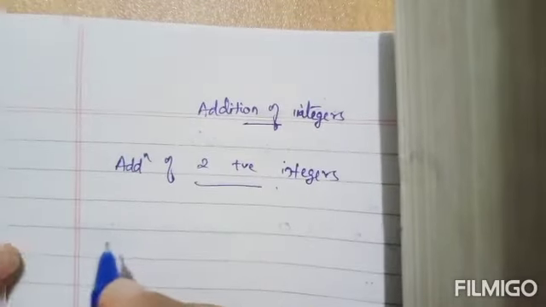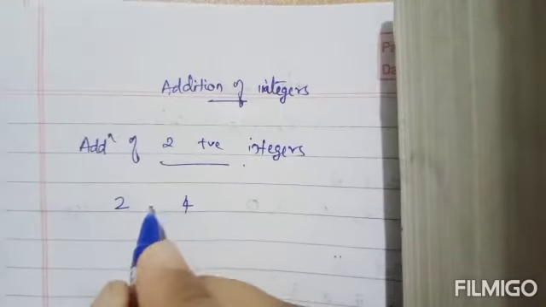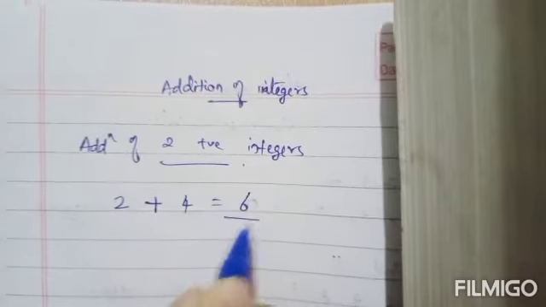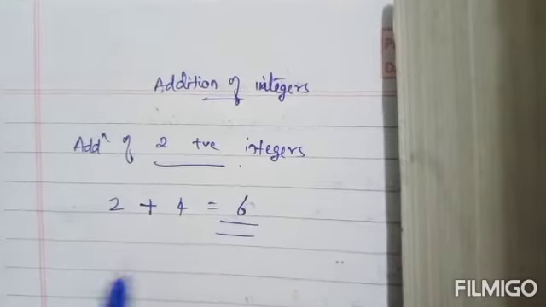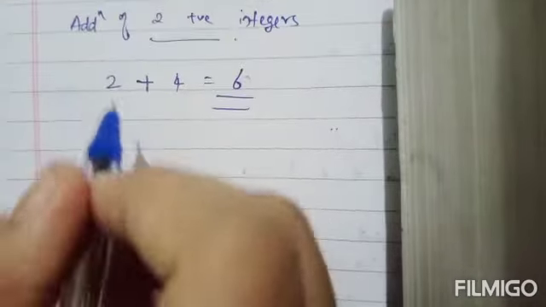Let us take 2 and 4. We need to add this. We know 2 plus 4 is 6. Two positive integers addition you know. Just add the two numbers. That much only.